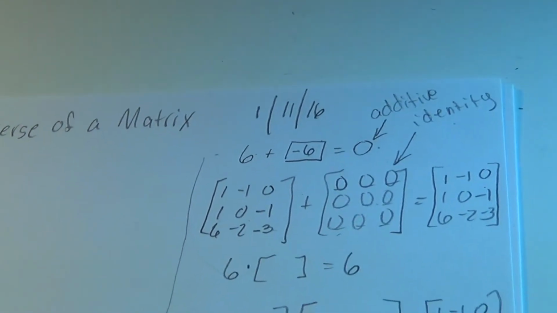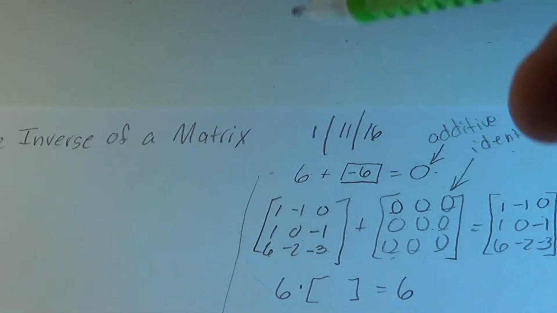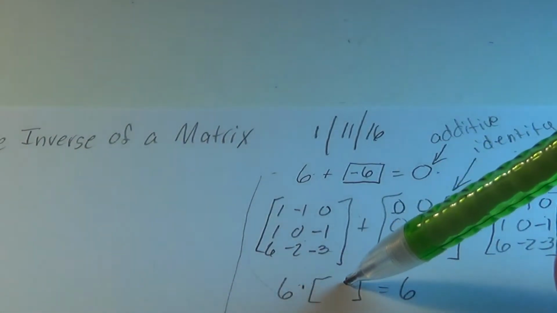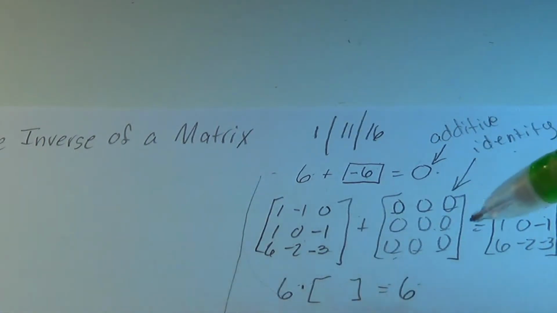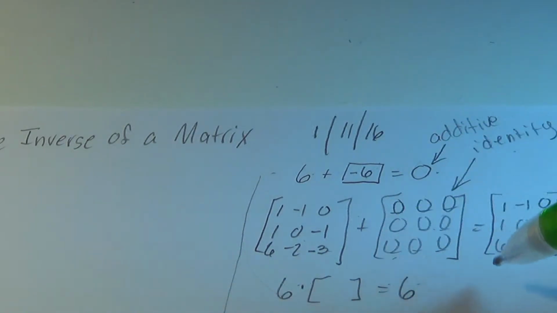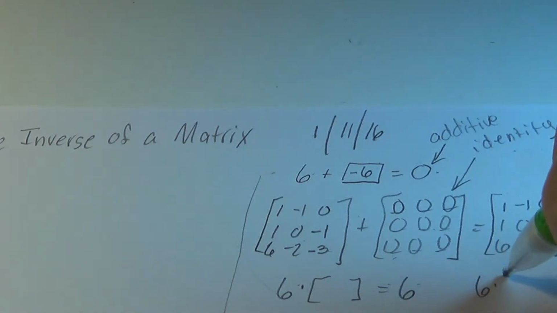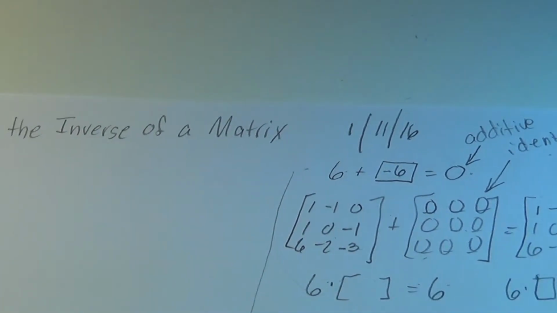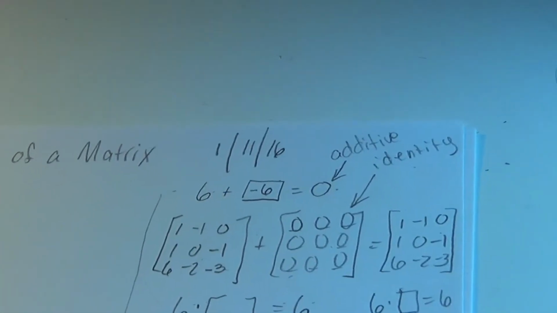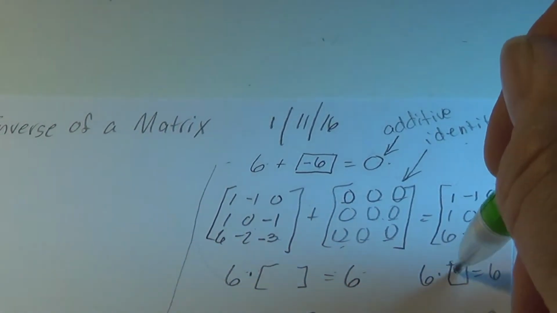All right, let's go to where we're going to stay tonight. 6 times something gives me 6. The actual number that is the identity when you're multiplying looks like this. What times 6 will give me the identical number I started with, 6? 1.